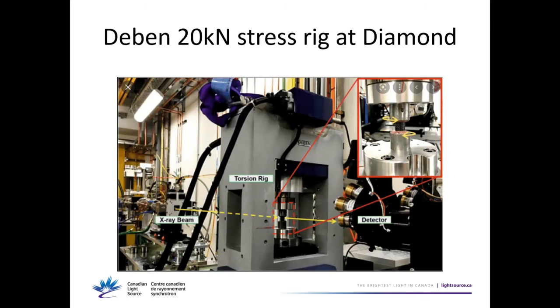So that one will be a 5 kilonewton maximum stress rig. And we are also buying another one with maximum of 10 kilonewtons. So depending on the scientific case, you'll use one or the other.